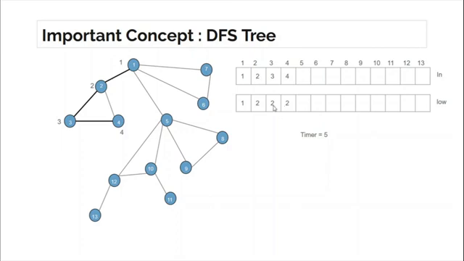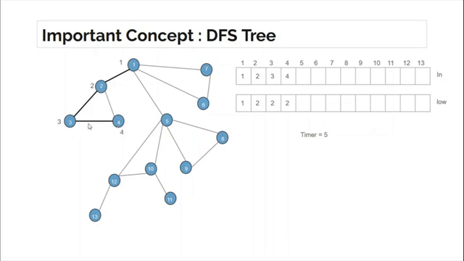Now the low time can never be updated using an edge which connects a node to its parent. So for 3, I cannot update its low time using this edge, because this connects node 3 to its parent. The edge which directly connects a node to its parent can never be used to update the low time of the current node.